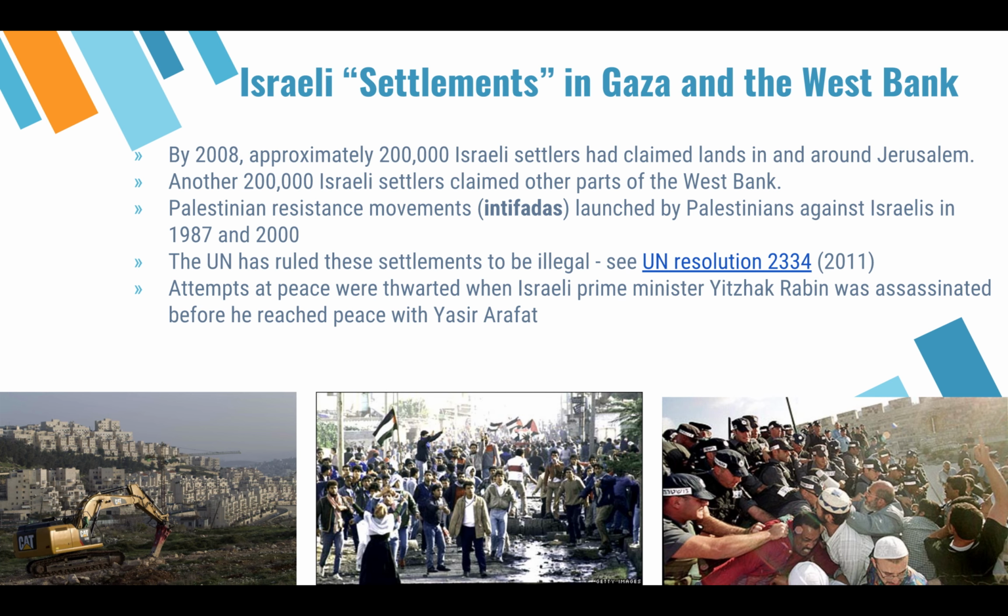By 2008, we see that there were approximately 200,000 Israeli settlers in the lands just immediately in and around Jerusalem, about 200,000 more in areas around the West Bank. And by today, I think we're looking at in or slightly over 500,000 Jewish settlers living somewhere in Palestinian designated territories, or previous Palestinian territories, I should say.